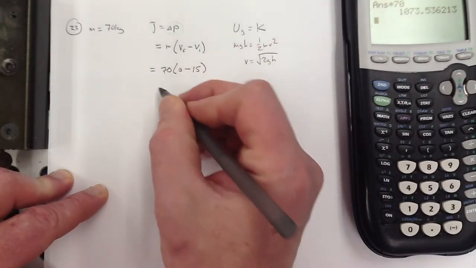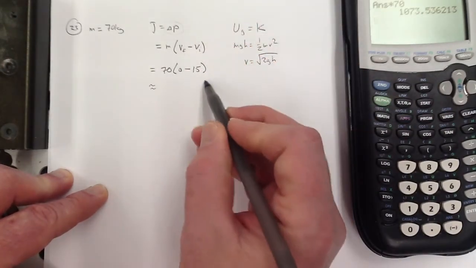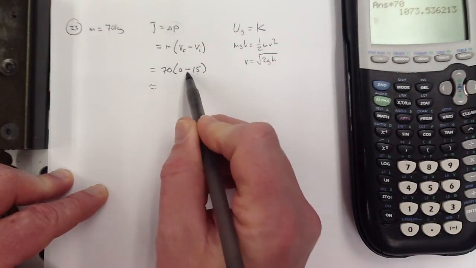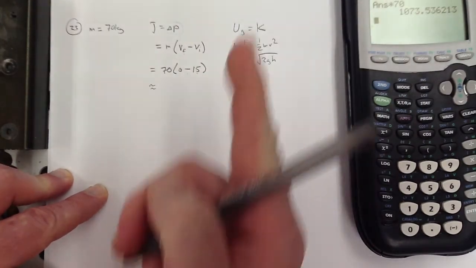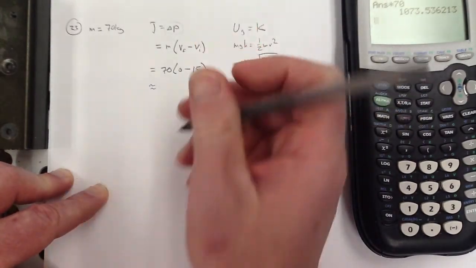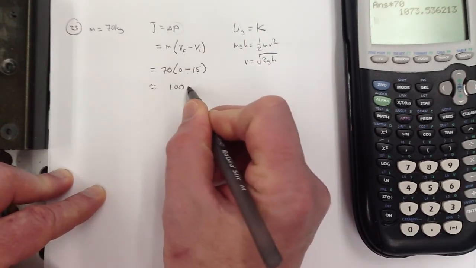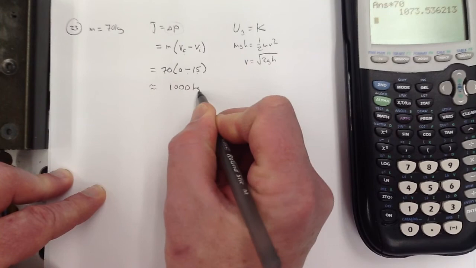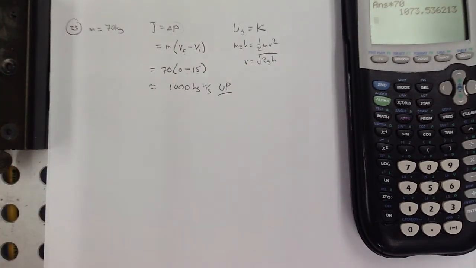So the impulse on him is about, what is the negative sign? Well, if I said that his velocity was 15, that's down, so this means up. So upward, of course, that makes sense, that should be the direction of the impulse. So it's about 1,000 kilogram meters per second in the up direction.